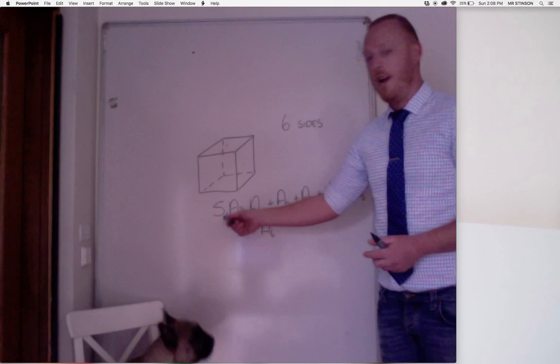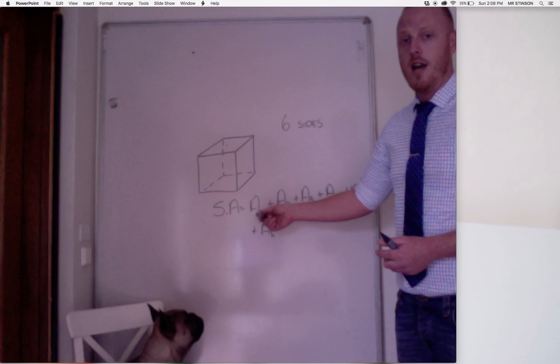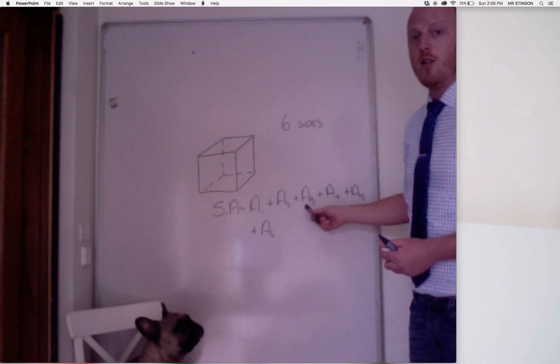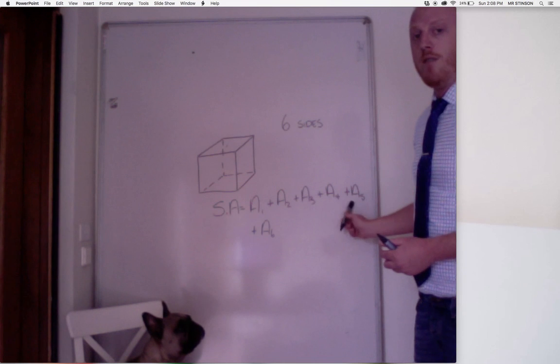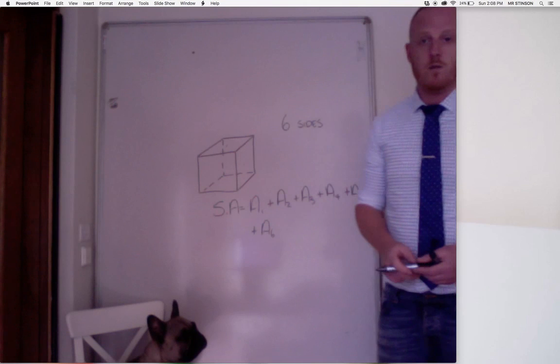Our total area, surface area, would be the area of each side. A1 plus A2 plus A3, A4, A5 and A6 because it has 6 sides.